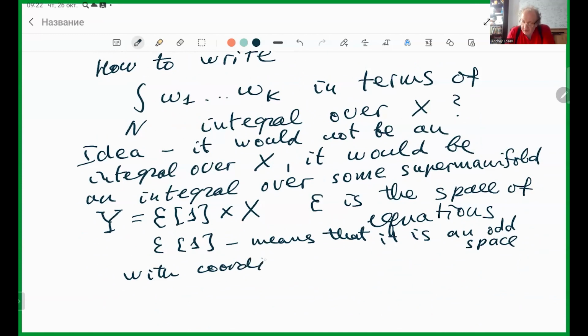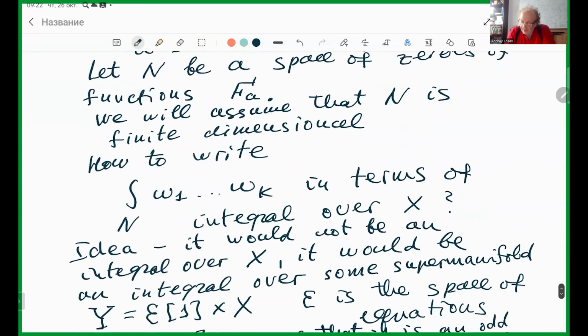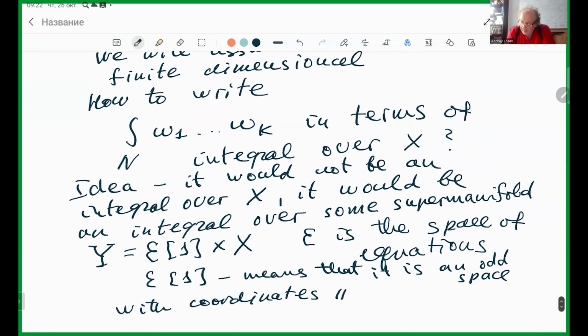With coordinates. So how did I denote the function? Fa, pi a, odd.